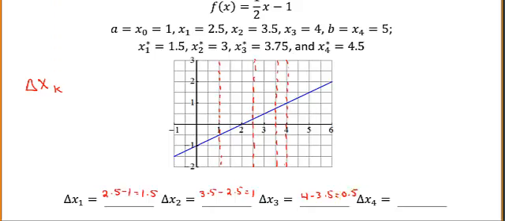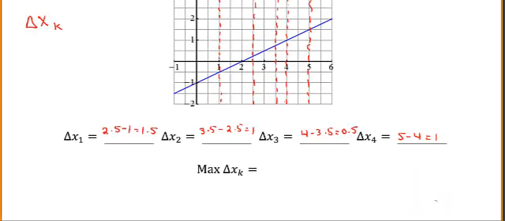And x sub 4 is at 5. This is the right end, so notice this last interval, delta x sub 4, is 1 unit long. It would be 5 minus 4, which is 1.